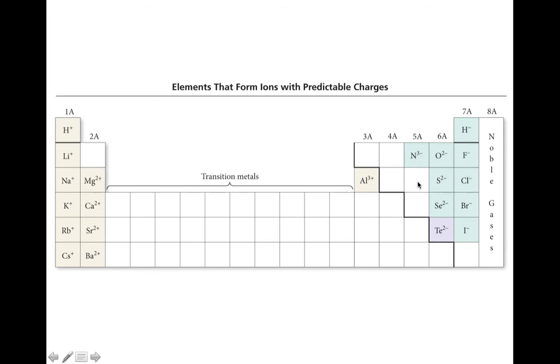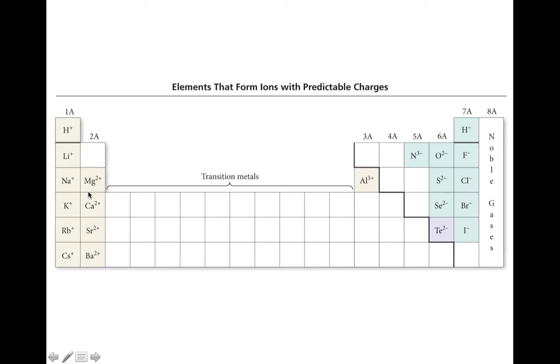By the way, phosphorus, which is right here, also has a tendency to take on a minus 3, but it has other ways it can present in nature as well. So we won't say it's predictable; your first guess would be 3 minus, but there are other possibilities for phosphorus.